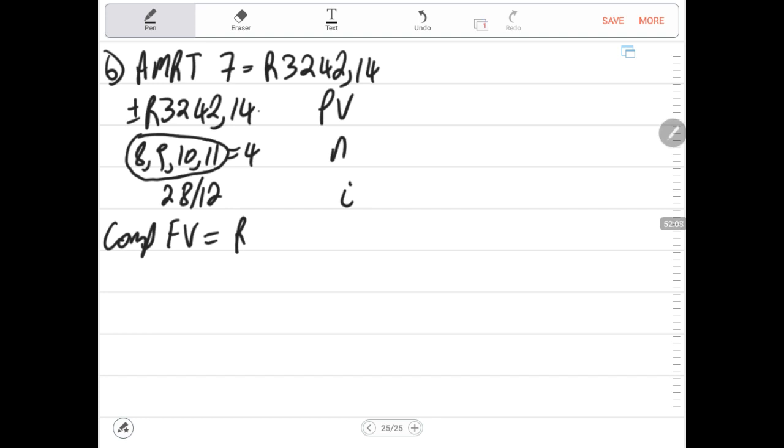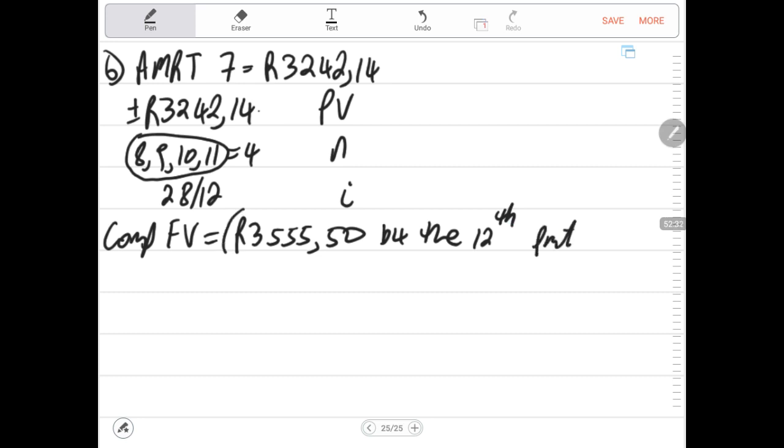We compute future value. Future value is 3,555 rand 50 cents. This is what is in the account before the 12th payment. Balance just before the 12th payment, which is PMT.